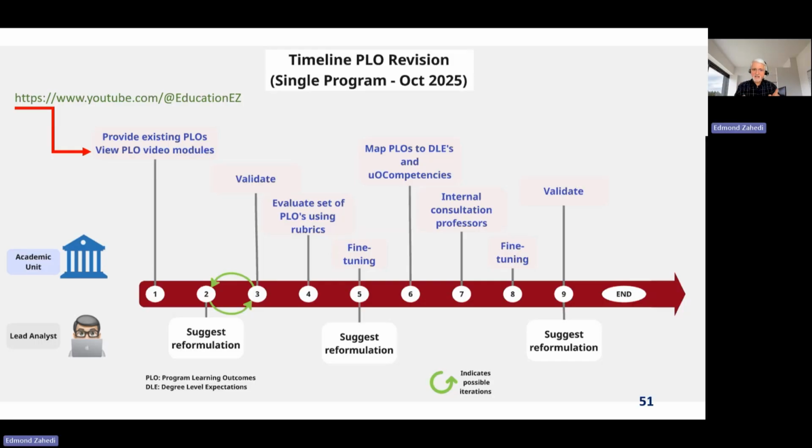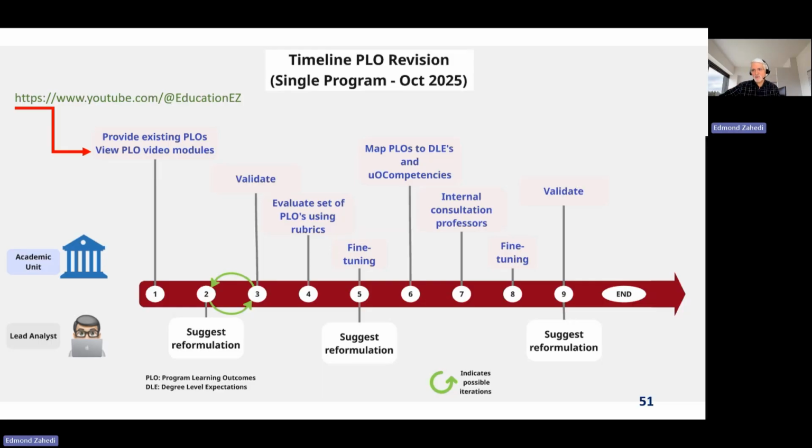The other reason why professors should be consulted, remember, professors are going to be in charge of developing the courses. So they should be familiar, they should comprehend the PLOs themselves. They should be able to visualize what these PLOs mean, right?